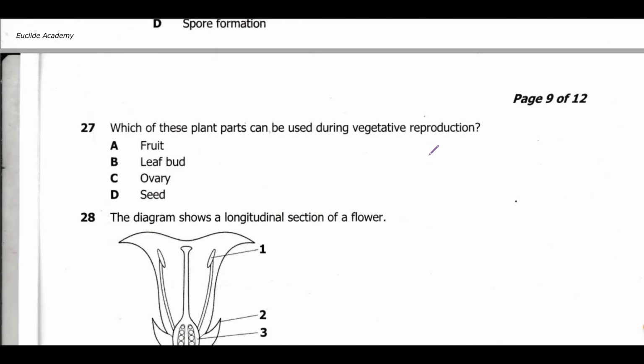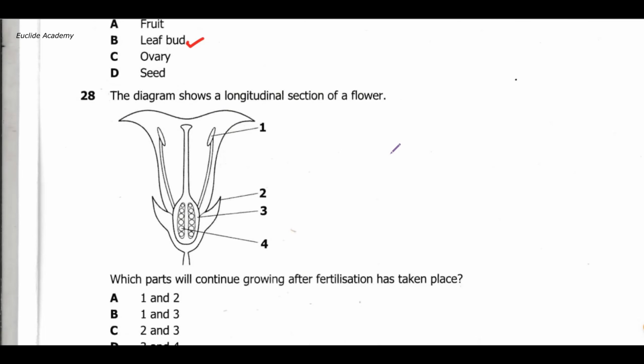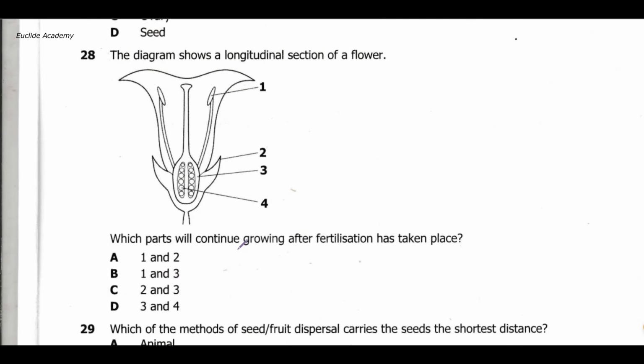Which of these plant parts can be used during vegetative reproduction? So with vegetative reproduction, we use the bud. So that would be B. Diagram shows a longitudinal section of a flower, which parts will continue growing after fertilization has taken place.